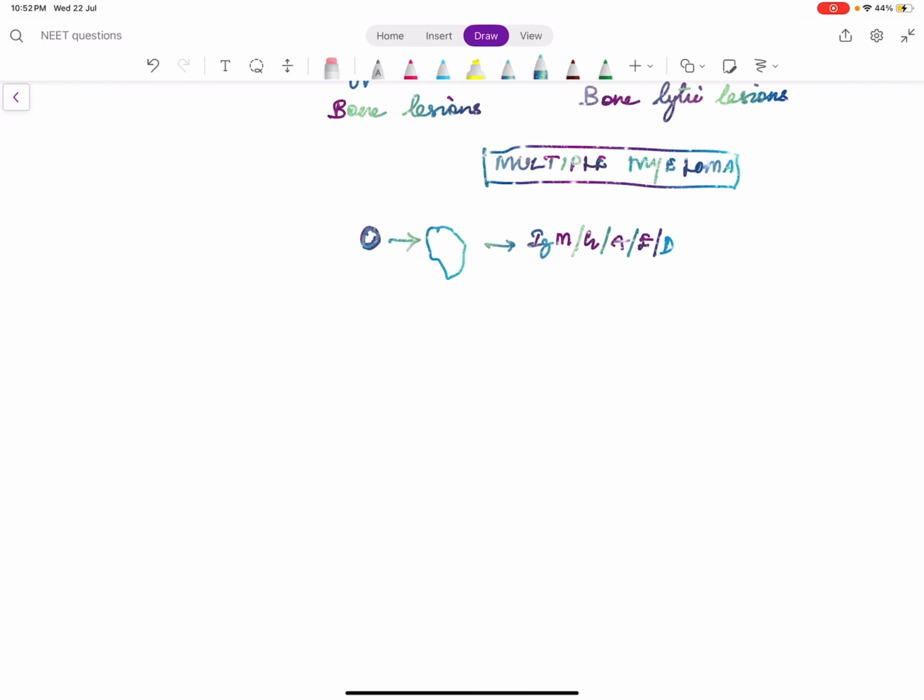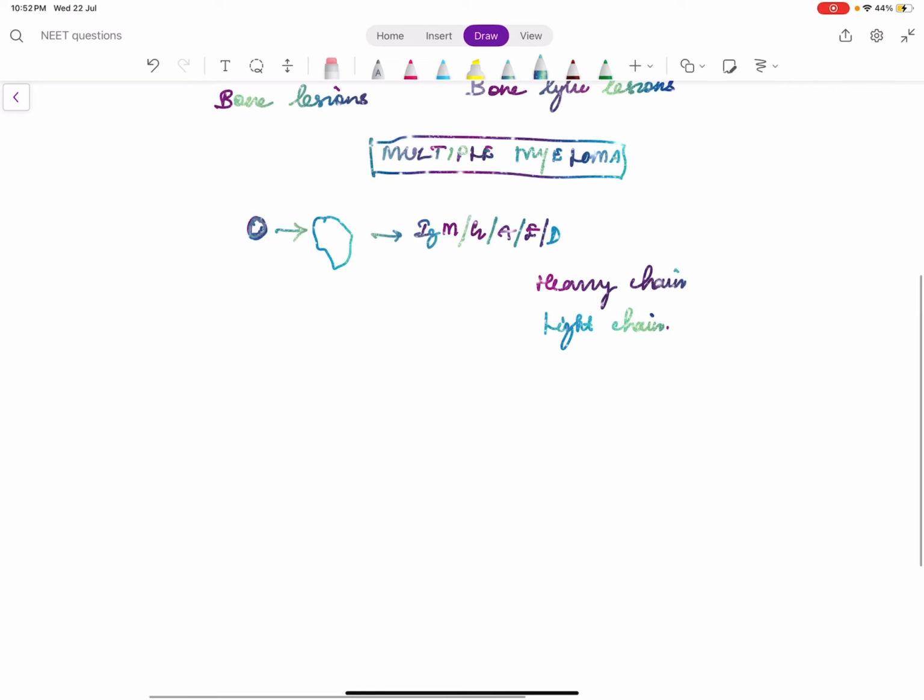Now we know that immunoglobulin has heavy chain and light chain. 2 heavy chain and 2 light chain. The light chain can come in 2 varieties: kappa light chain or lambda light chain, right? So these are the 3 proteins which are secreted by the plasma cells.